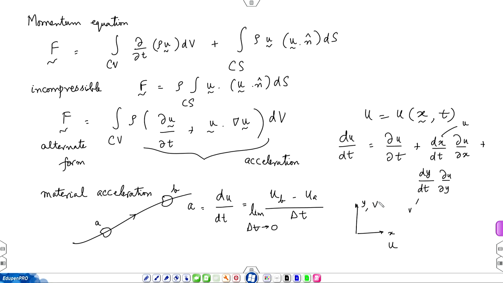So, this you can see is just this derivative. See, u dot del u will have components u_x, u_y. So, which is just this form, this acceleration form.